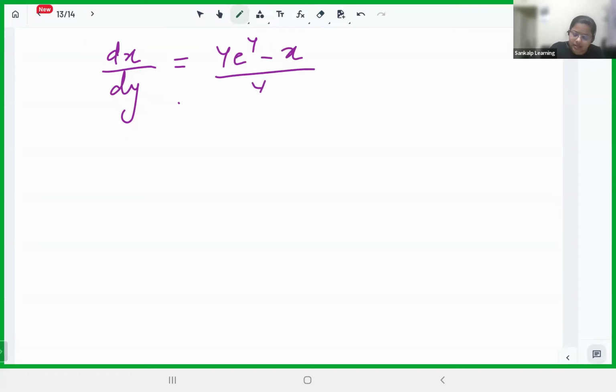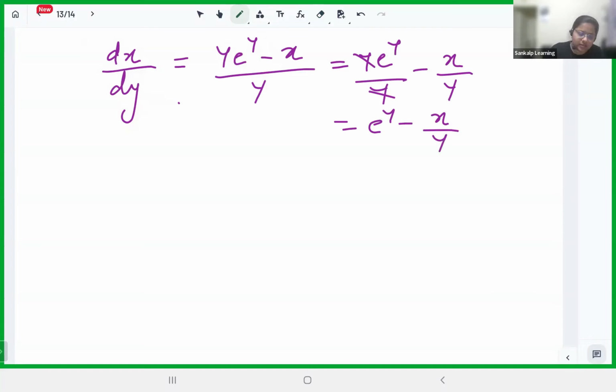So that is y e raised to y by y minus x by y. So y and y get cancelled. So it is e raised to y minus x by y. So this is dx by dy, dx by dy equal to e raised to y minus x by y.